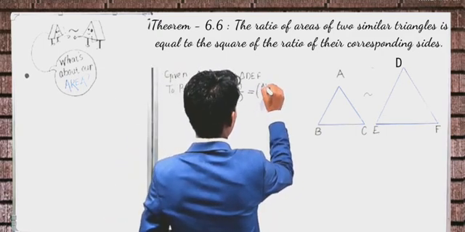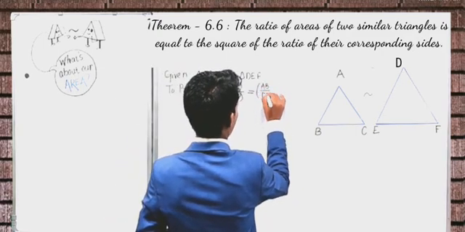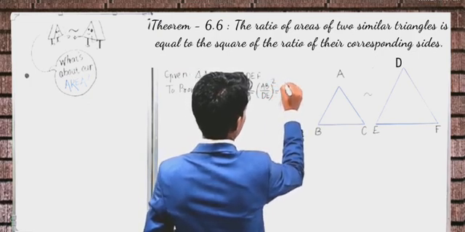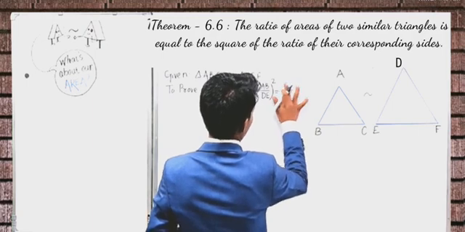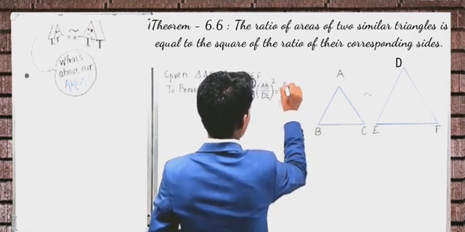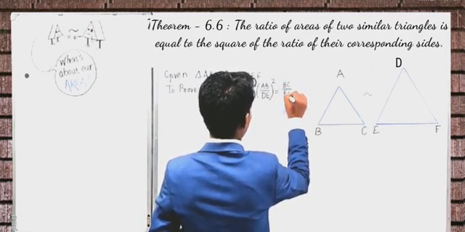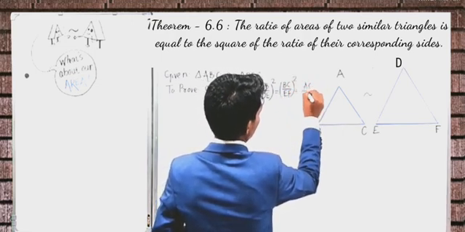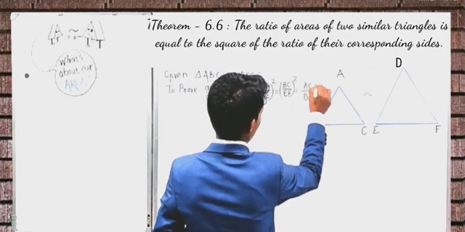That means the ratio will be AB upon DE, and its square, that is (AB upon DE) whole square. This is also equal to (BC upon EF) whole square, and also equal to (AC upon DF) whole square.